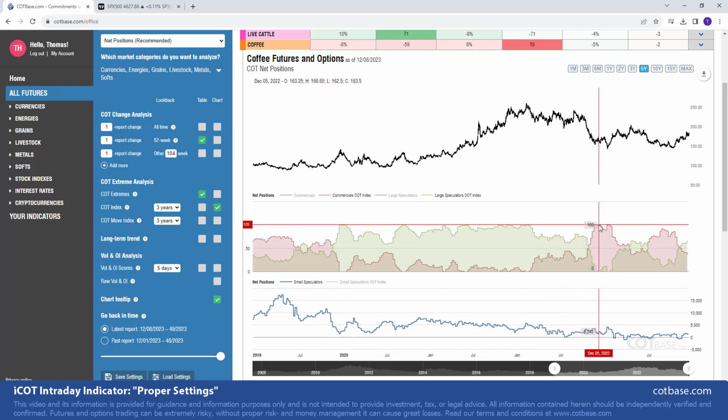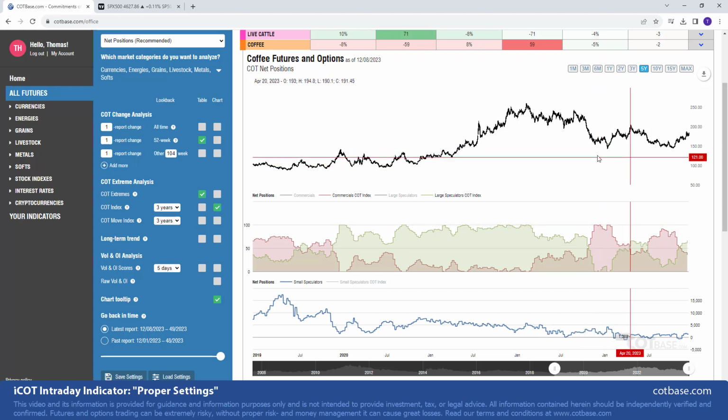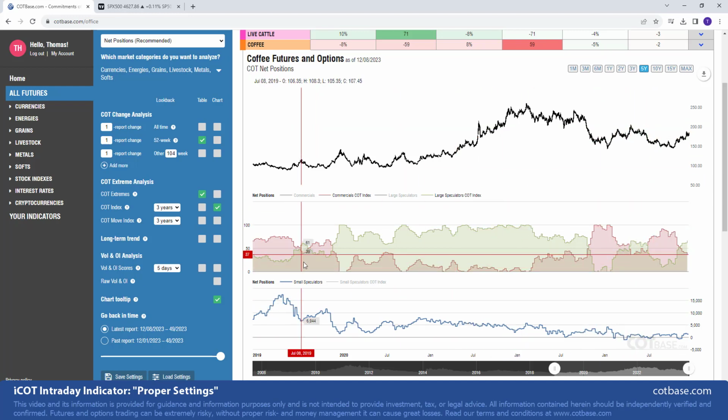I'm going to show you the two extreme cases. So commercials at 100 reading is a great signal of a bullish stress in the market, and of course opposite is also true. Large speculators at 0 is the same signal. So we took that and brought it into the iCOT Intraday Indicator.